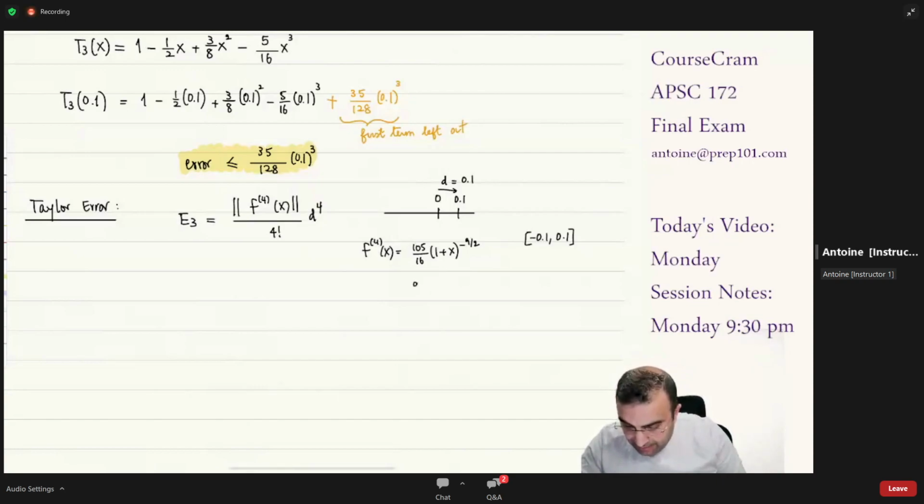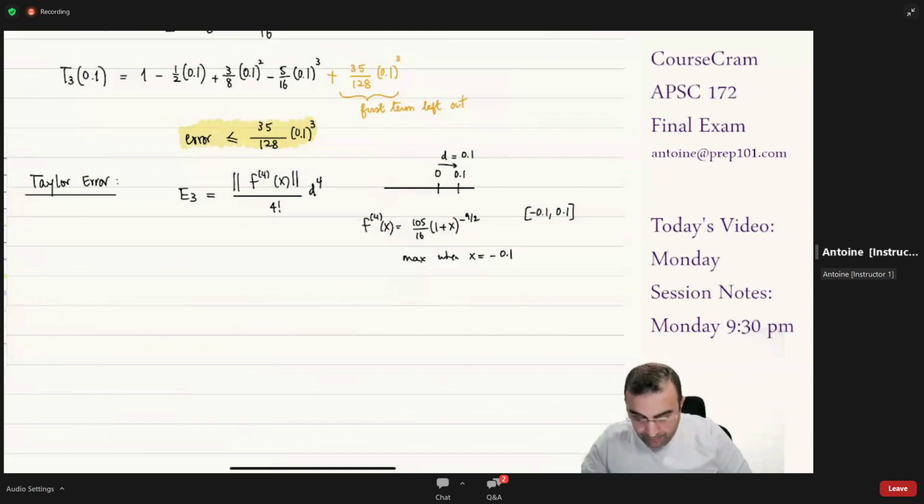So the maximum is when x is equal to minus 0.1. So the maximum error bound at 0.1 is 105 over 16, 0.9 to the minus 9 over 2 times 0.1 to the 4, all divided by 4 factorial.